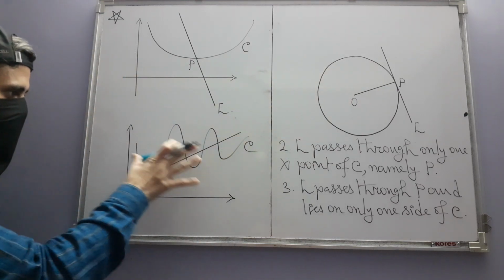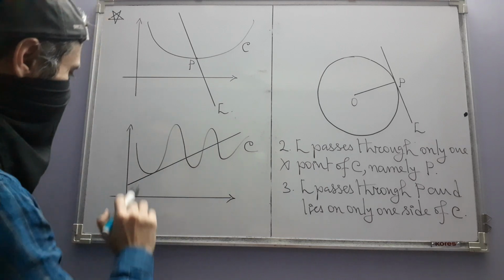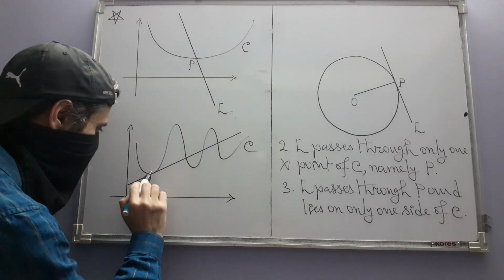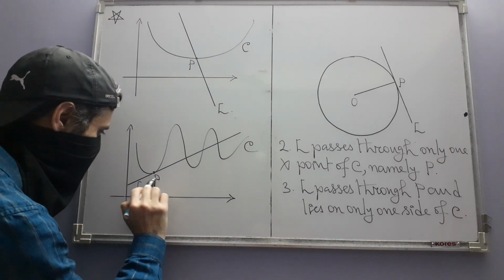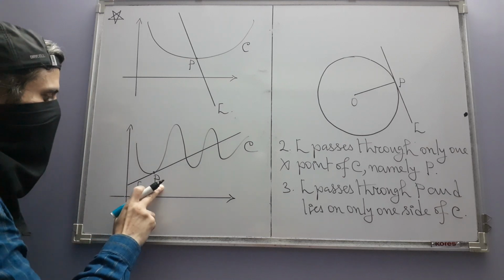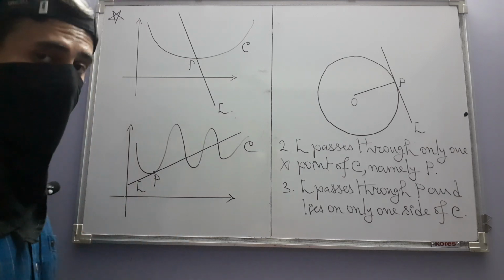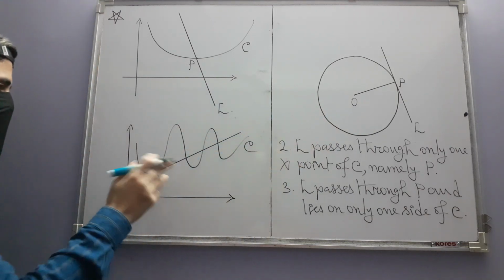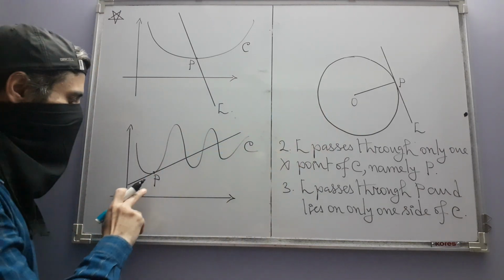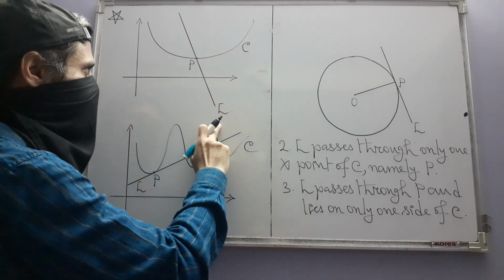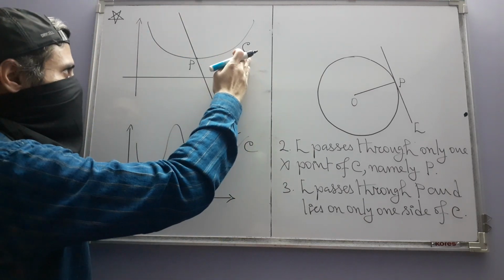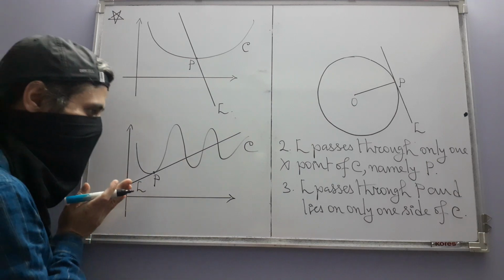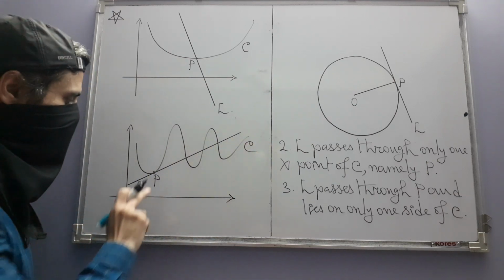Somehow a portion of the curve has been shown, and this is your line L, which actually passes through P and has tangent-like behavior, like that kind of behavior. Although we do not have any center here, but forget about those things. Here L is crossing C, but here L is touching C at P.